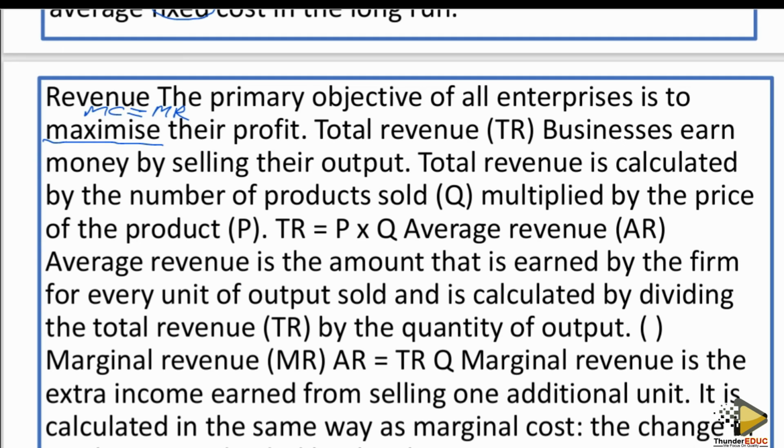Okay, so now in most cases, when we calculate the total revenues, we check the price of the product, then we multiply by what? We multiply by quantity. So the moment we check the price of the product and multiply by the quantity, it is going to give us the total revenues.